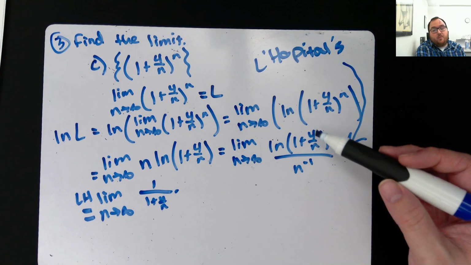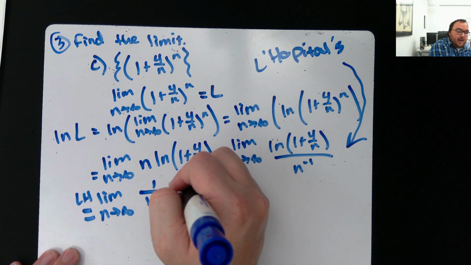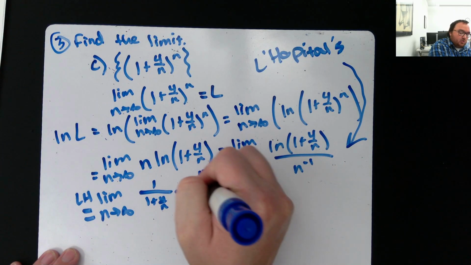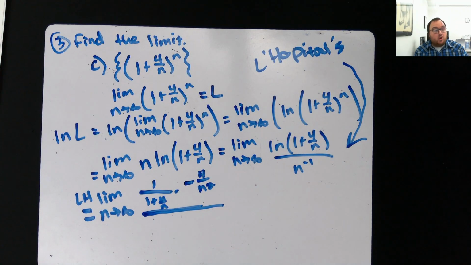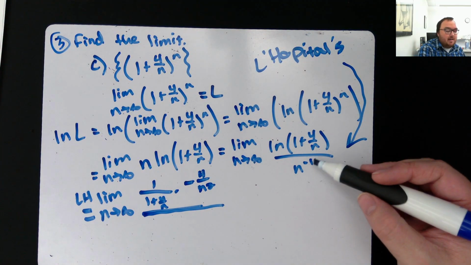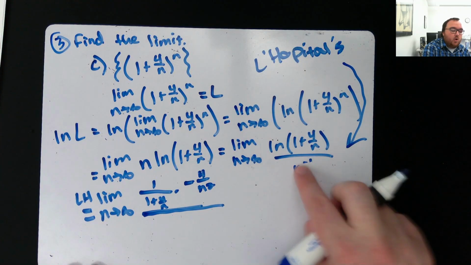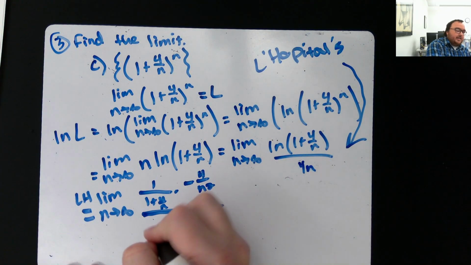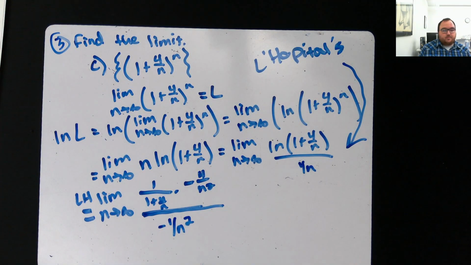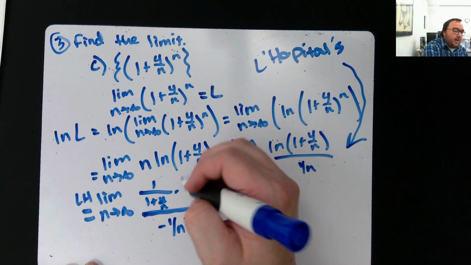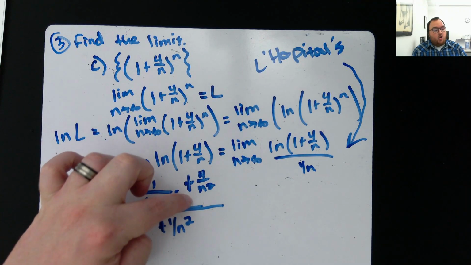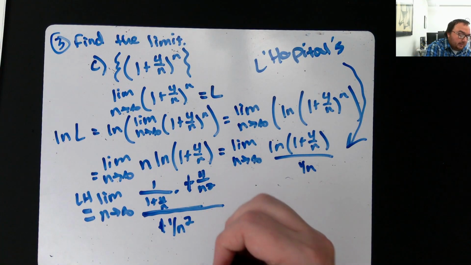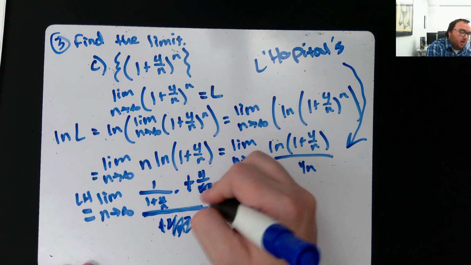The derivative of 4/n is negative 4 over n squared. Then the derivative of n to the -1, remember that's like saying 1 over n, is negative 1 over n squared. Well, the really nice thing here, negative and negative make a positive. 4 over n squared over 1 over n squared just leaves us with a 4 on top.